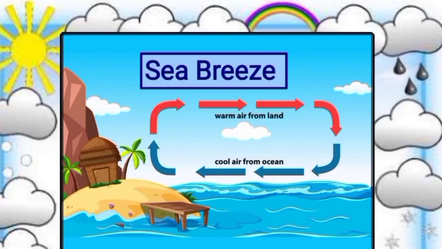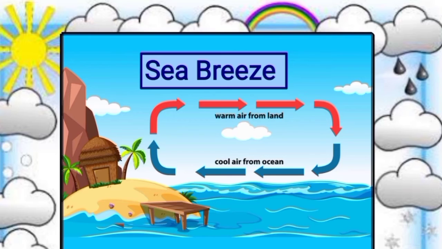Now let's understand what is sea breeze and land breeze. As you know, the sun heats up land as well as water bodies on earth, and land heats up as well as cools down faster than water, and this gives rise to sea breeze and land breeze, especially in the coastal area.